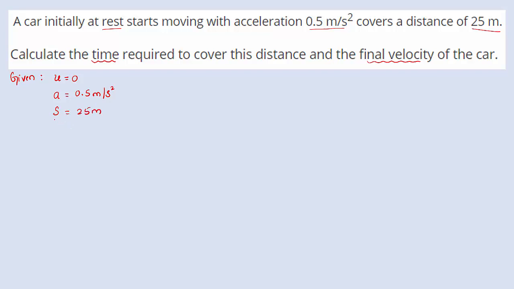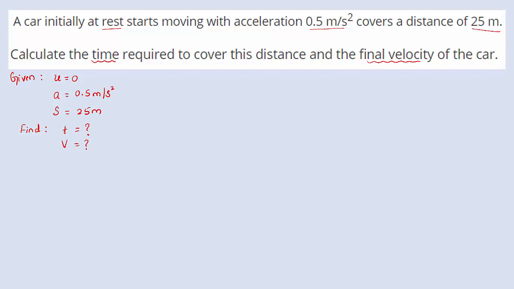What we have to calculate? We have to find time required, that is t question mark, and also find the final velocity of the car, v question mark. Now we have to search for the suitable equation to solve v and t. We have three equations of motion. Out of the three equations, which is the suitable equation?